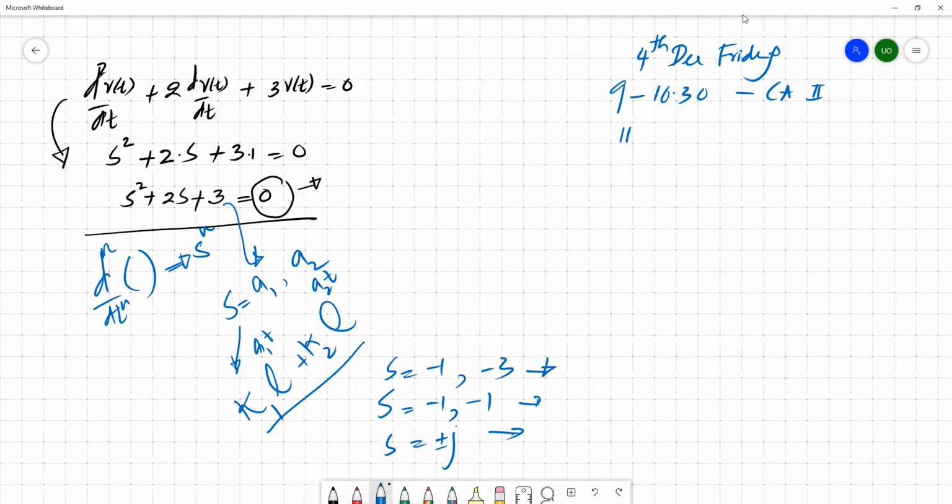So everything is based on the types of the roots, but in general you can write the natural response as a sum of two exponential functions. You can further simplify this by considering the format of the roots, whether they are real and distinct, real and equal, or complex conjugate. Then the responses would be completely different. So we will discuss it in the second order circuits.